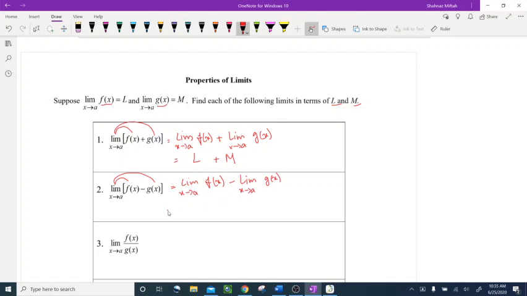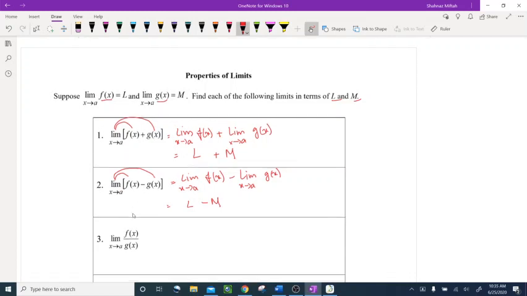The limit of f of x we already know is L, the limit of g of x is m, and that's how we will get the answer. Make sure that you apply the properties. I keep saying this because if you find the limit of these two functions together at the same time and subtract, it will make it harder. So just apply the properties.